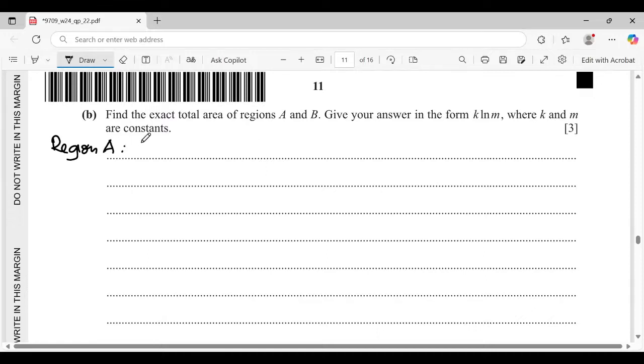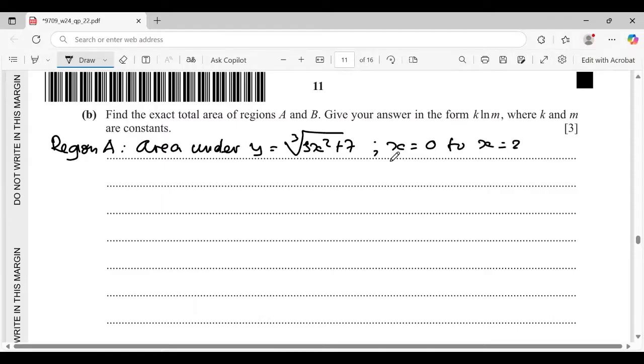Region A is the area under y equals the cube root of 5x squared plus 7, from x equals 0 to x equals 2.